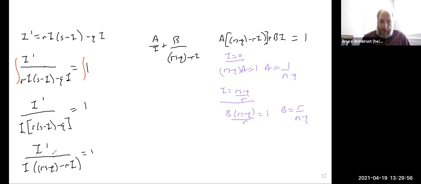So if we take that and bring that back here, we now have 1 over (RS minus Q) times, well, the A was 1, so 1 over I, plus B over all this stuff. Well, there was an R, RS minus Q minus RI, equals 1. Oops, I prime.